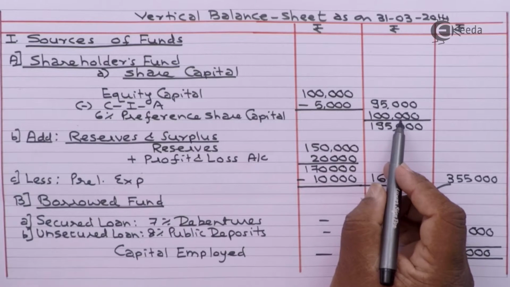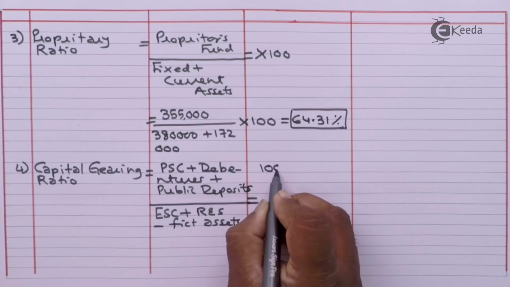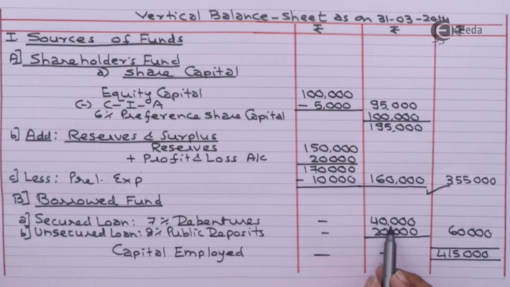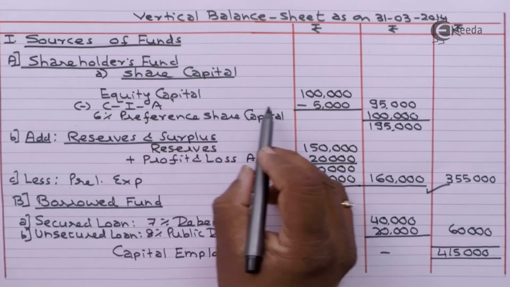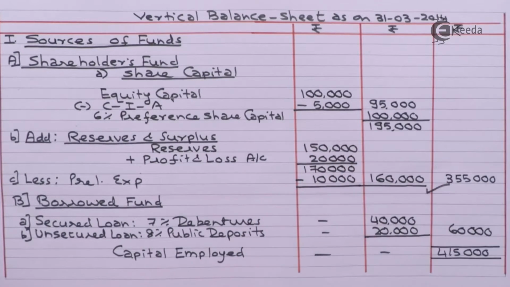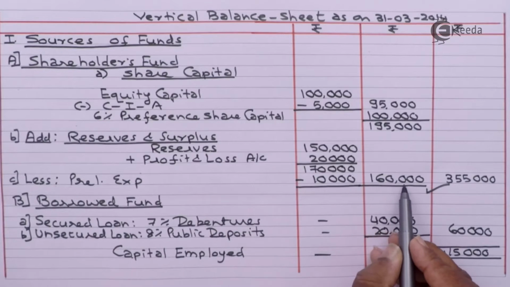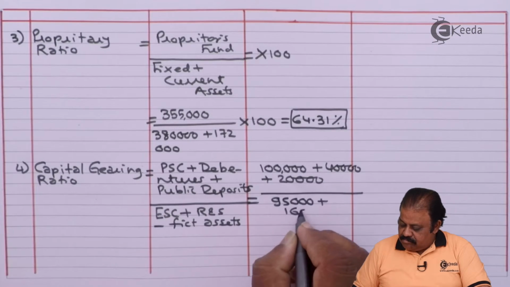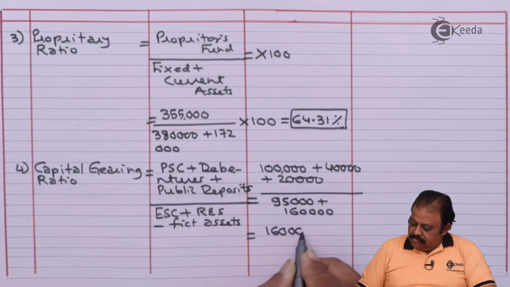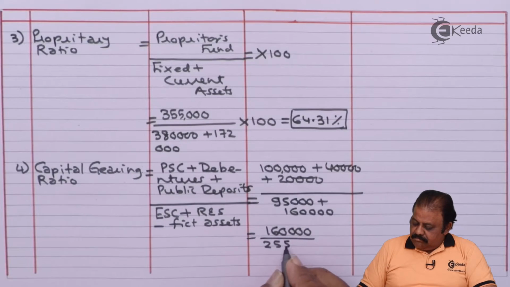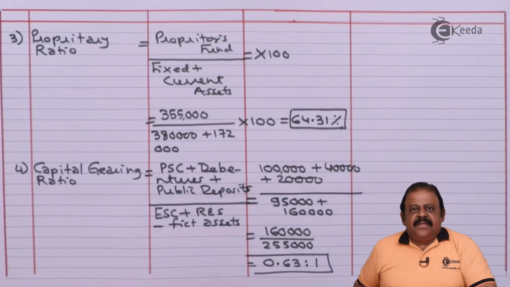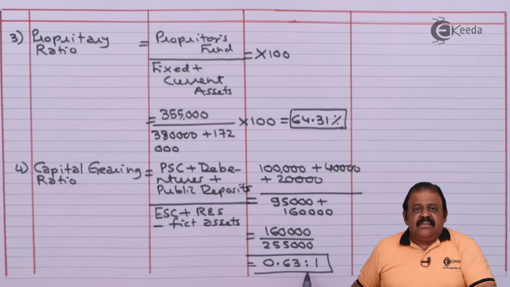Preference share capital 1 lakh plus debentures 40,000, public deposits 20,000, divided by equity share capital 95,000 plus reserves and surplus 1,60,000. Capital gearing ratio 0.63 is to 1.